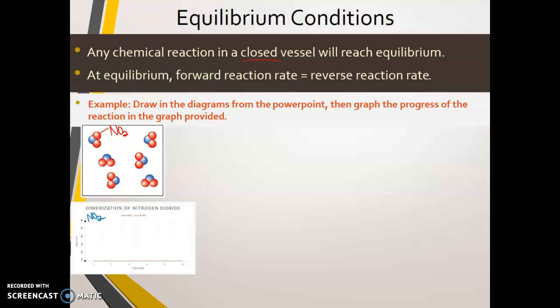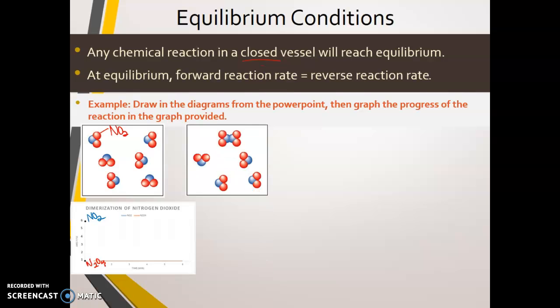So in this picture, we don't have any N2O4. So we have 0 down here for N2O4. This is a typical reaction that's starting with all reactants and no products.